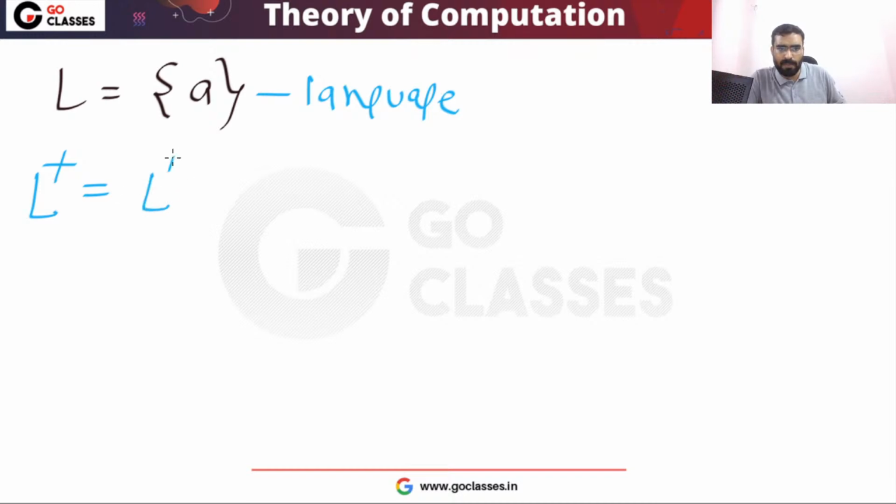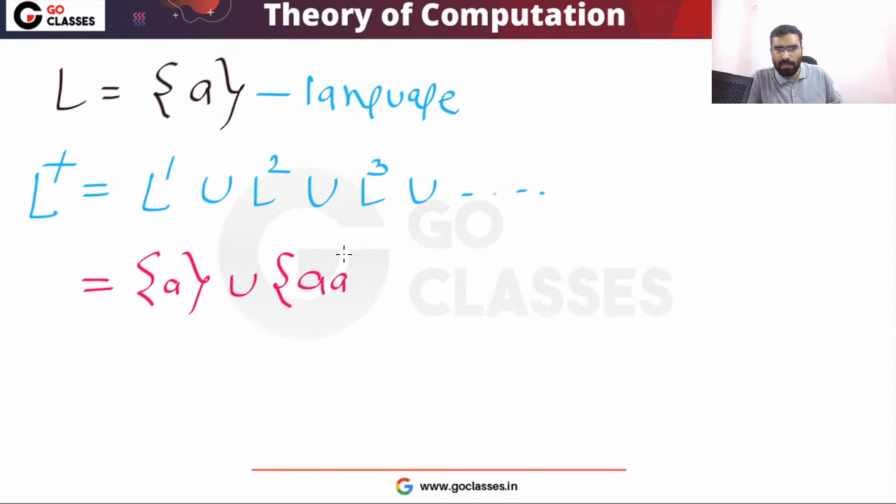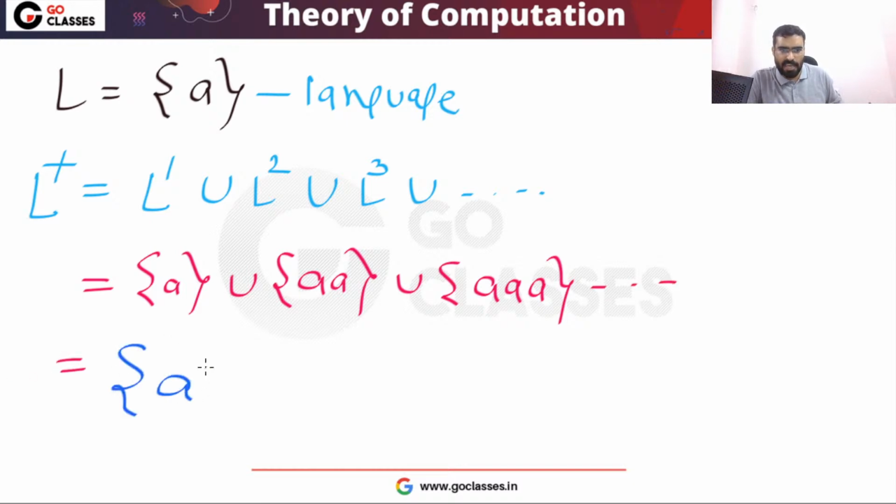L plus is L power 1, union L power 2, union L power 3, and so on. L power 1 is A, L power 2 is AA, L power 3 is AAA, and so on. So finally, L plus is A power n, where n is greater than or equal to 1.